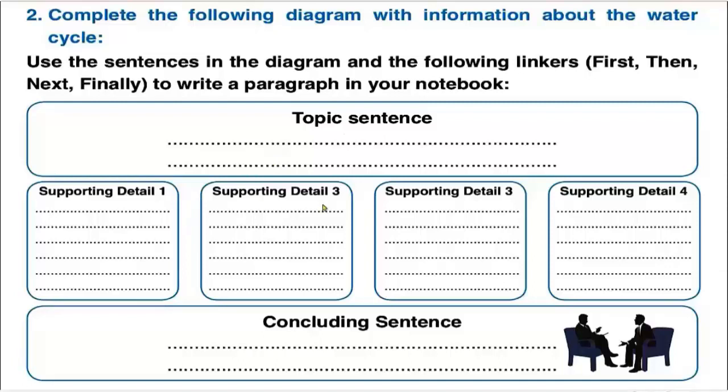Supporting detail 1, supporting detail 2, 3, and 4. And finish your topic with a concluding sentence, the final sentence which ends the topic in a good way, to make a good wrap up to the topic you are writing about. Okay, let's write about water cycle.